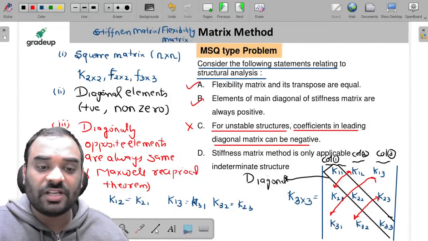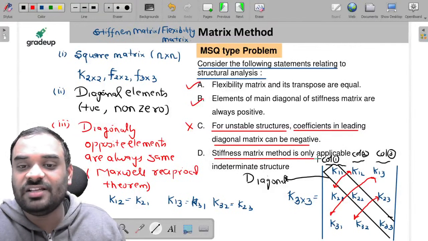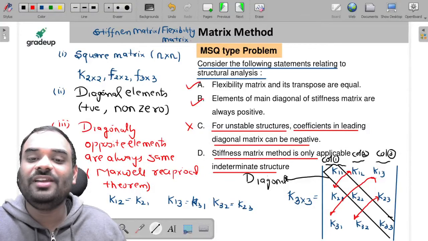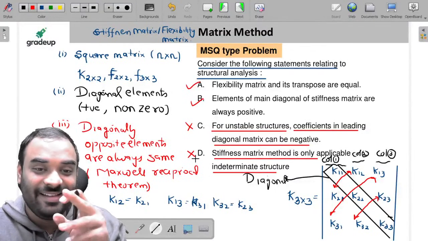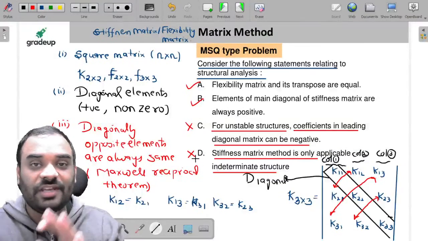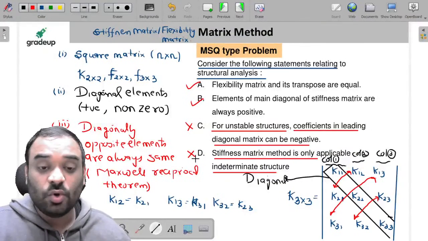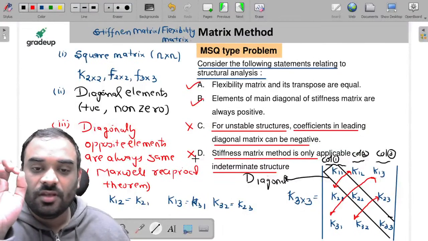Now the last one is, my friends, stiffness matrix method is only applicable to indeterminate structure. Again, this one is wrong. Let me tell you why it is so, because this is a very good question. Listen carefully.